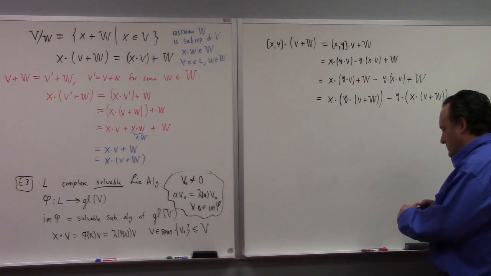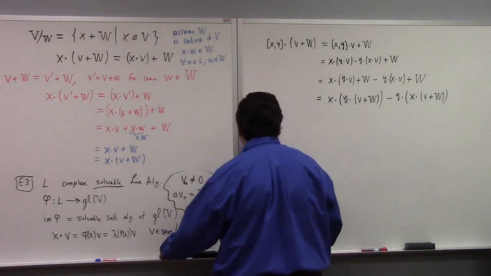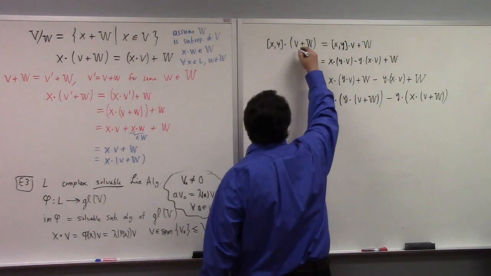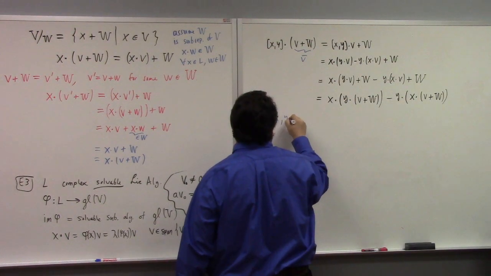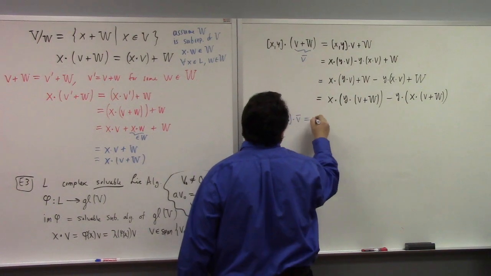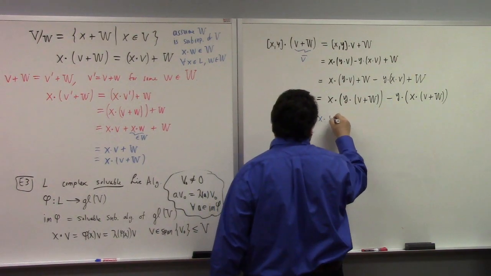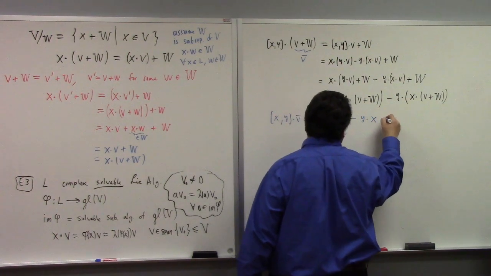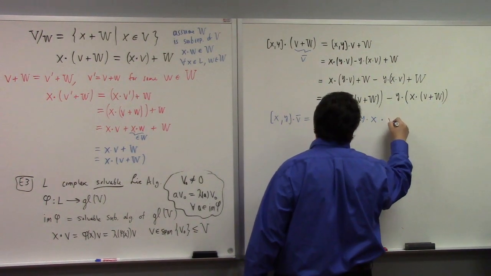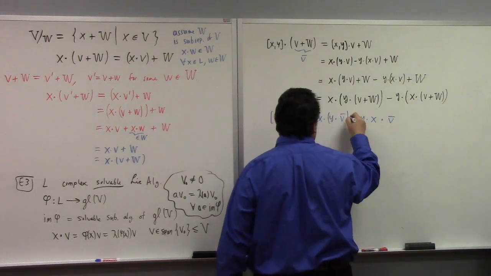Let's call this v bar. The bracket of x, y dot v bar is equal to x dot y dot v bar minus y dot x dot v bar, with parentheses, of course.